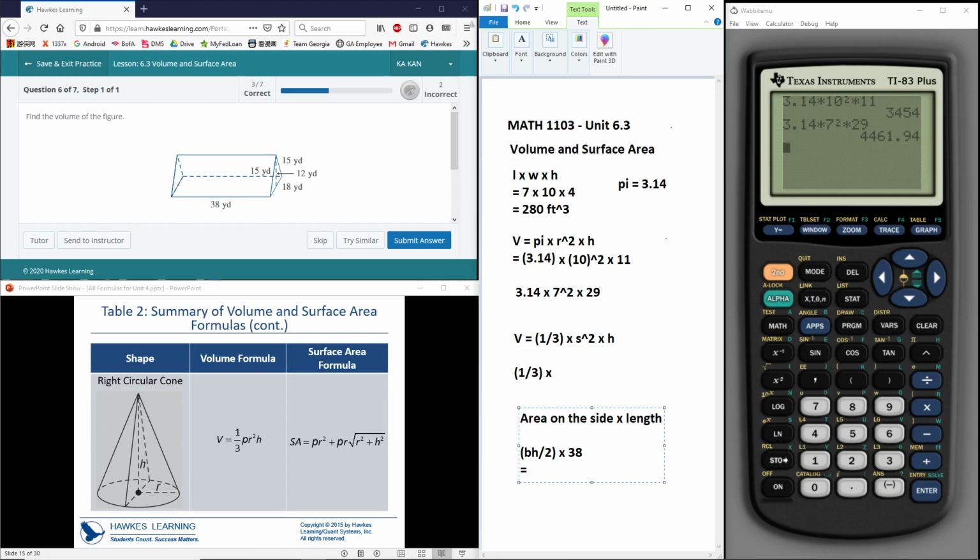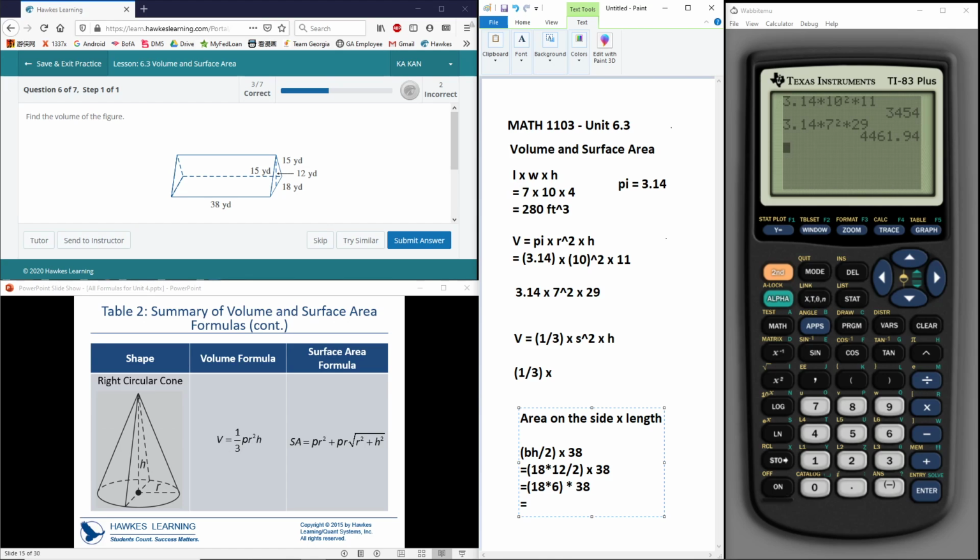That is 18 times 12 divided by 2, times 38, which is 18 times 6 times 38.